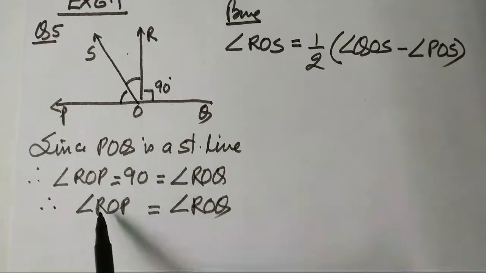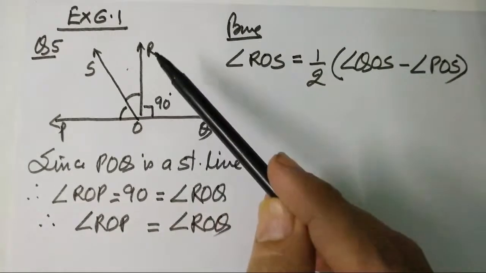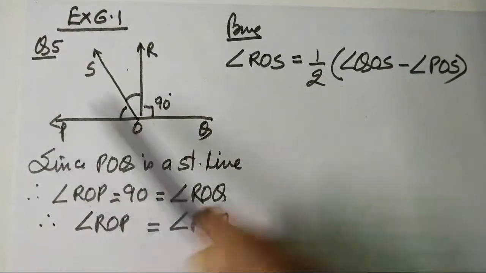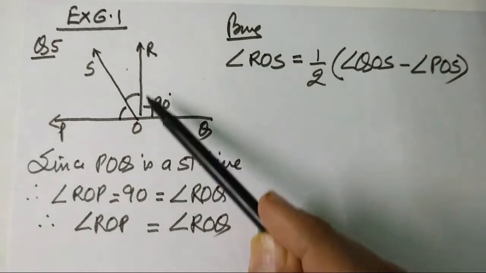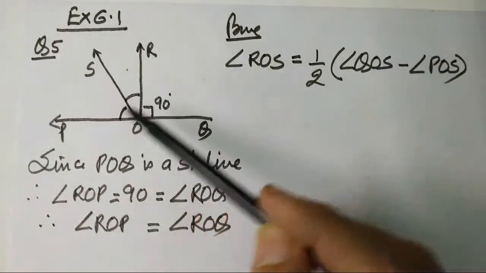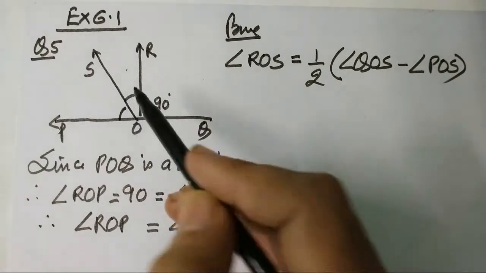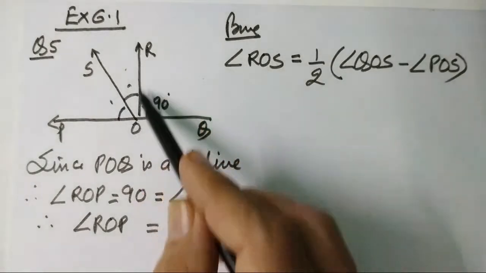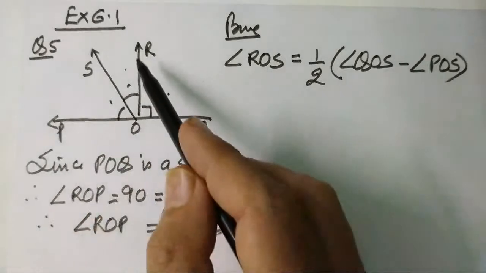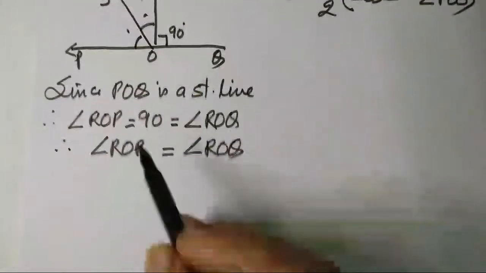Now I will replace the name of ROP. ROP is this angle. It is made up of two angles, ROS plus POS. So these are the two angles which are making the full angle. I will replace these names here.